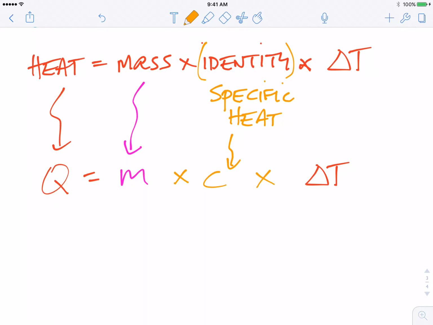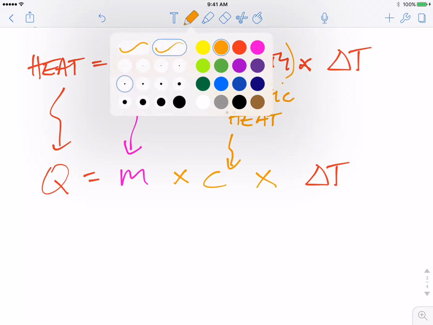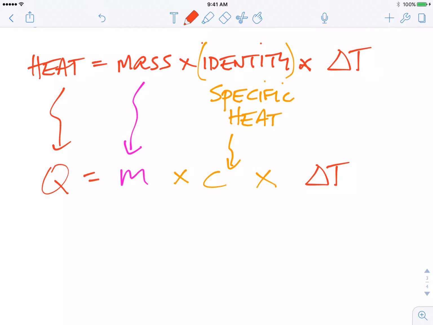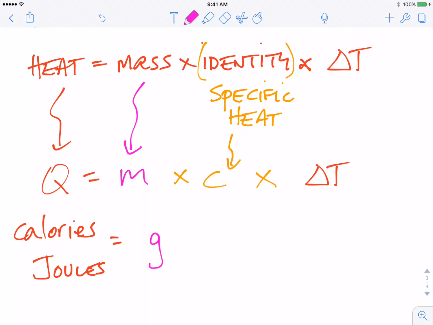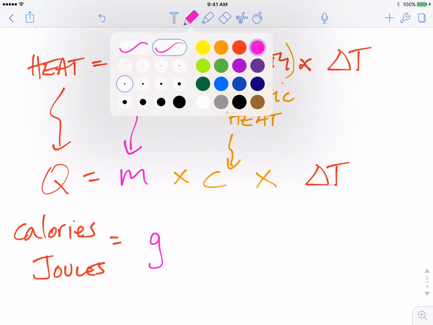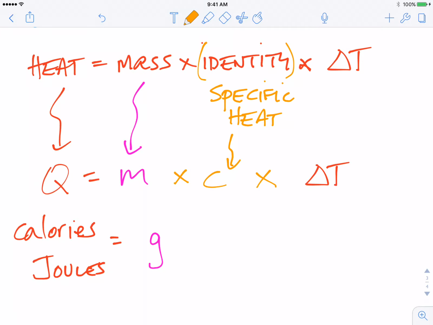Okay, in terms of some units for these, heat has a few different units. It could be calories, or it could be joules. Either one of those are ones that we use. Calories are most often used in the food industry. Mass, the units are going to be grams. Specific heat, the units are a little bit more different, and we'll kind of explain that.